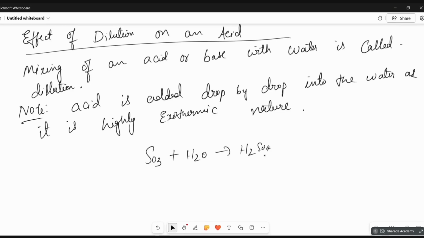The second one is the food remaining in the teeth, because of that bacteria will be produced. When that bacteria acts on the food, it will release acid. So the pH value reduces, and it may cause tooth decay. That is the one thing.